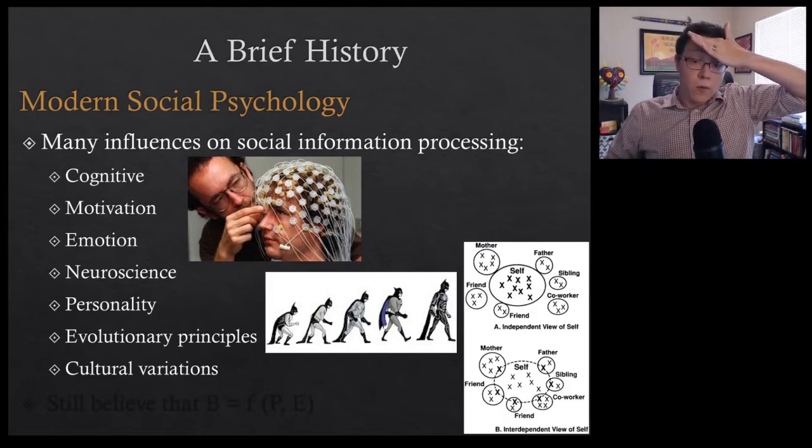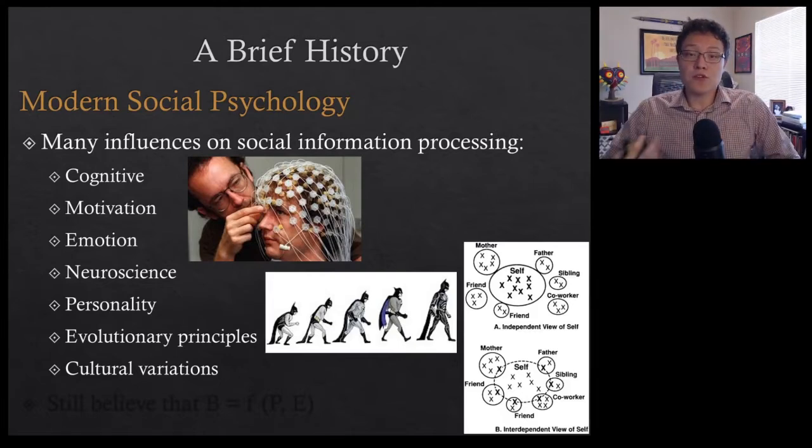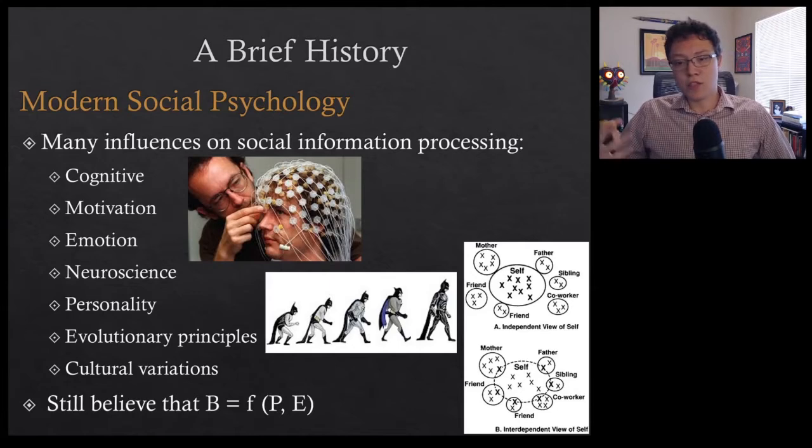But when you think about this, these are some of the major themes that we will repeatedly frame when we are discussing social psychology. And the important thing to recognize is Lewin's equation has really stood the test of time here, and that we still believe that behavior is a function of the person and the environment, or the person and the situation, depending on what you want to say.